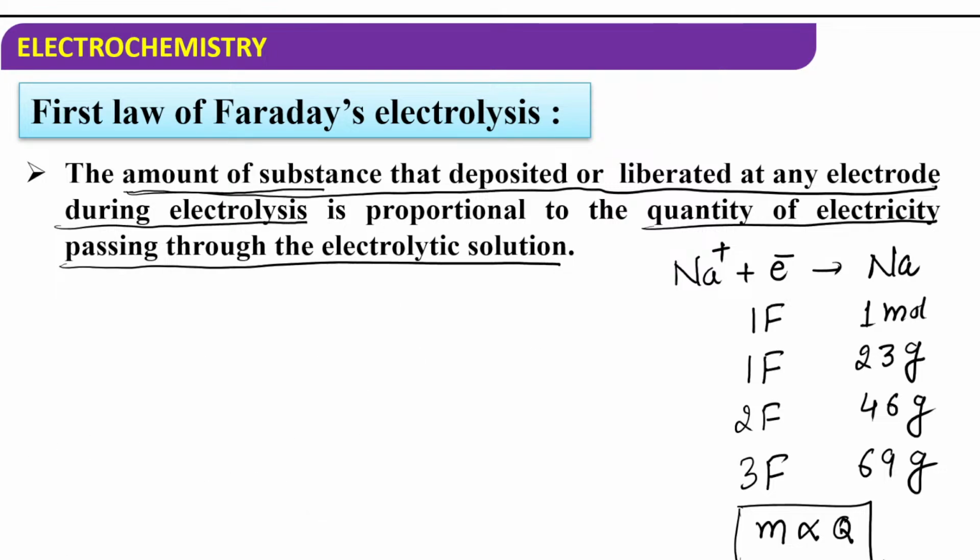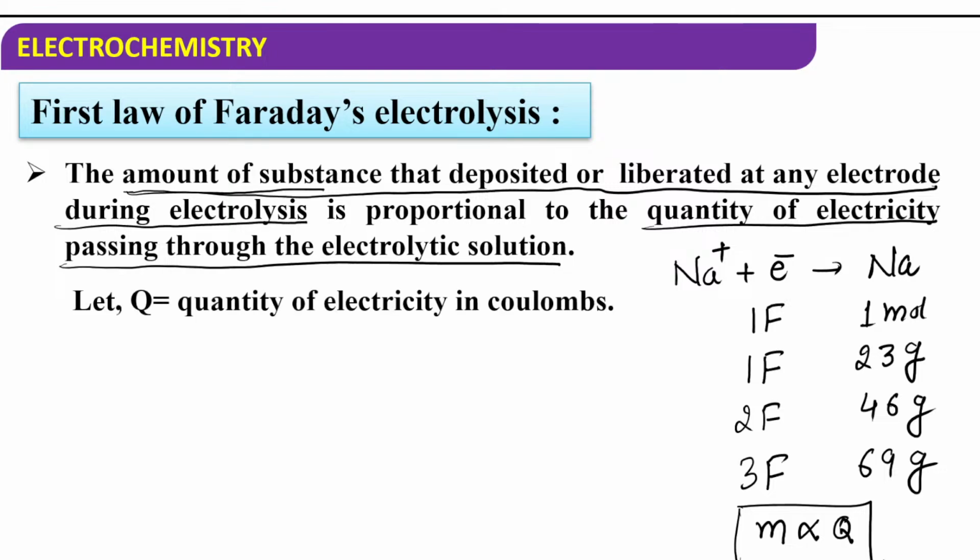Let us say Q is the quantity of electricity in coulombs and M is the mass of the substance. Then mass of the substance is proportional to the quantity of the electricity in coulombs.